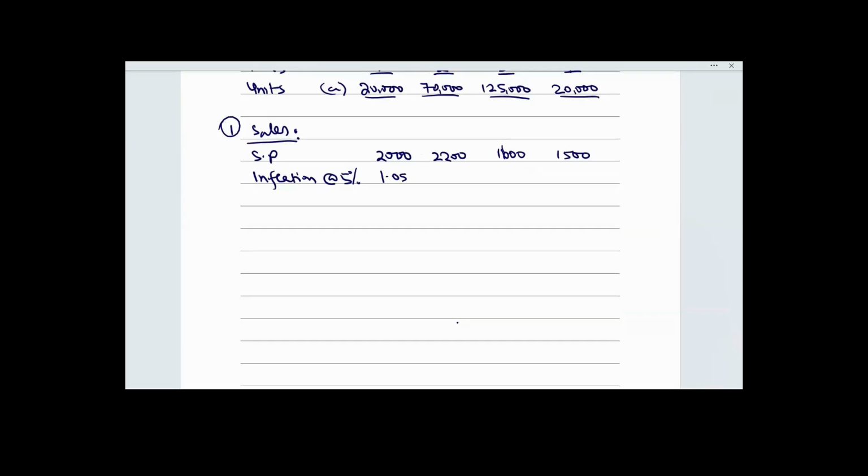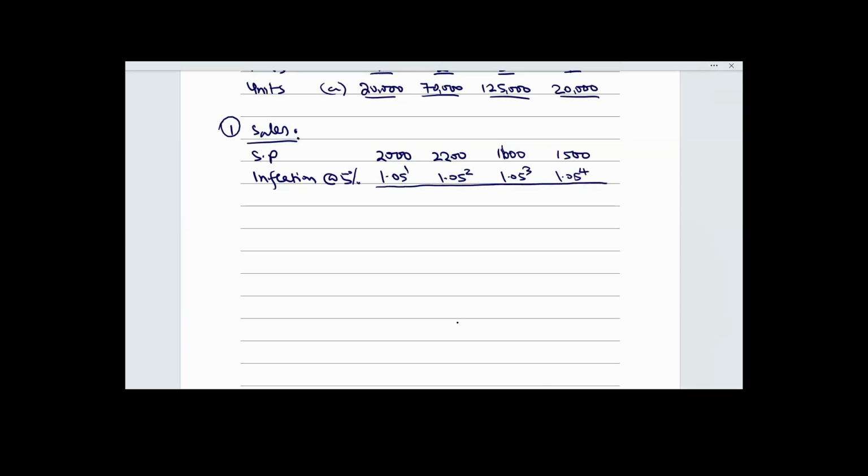Because this real cash flow is in current price terms, inflation must start from year 1. So I would say 1.05 raised to power 1, 1.05 raised to power 2 for year 2, 1.05 raised to power 3 for year 3, and 1.05 raised to power 4. Let me rewrite that.